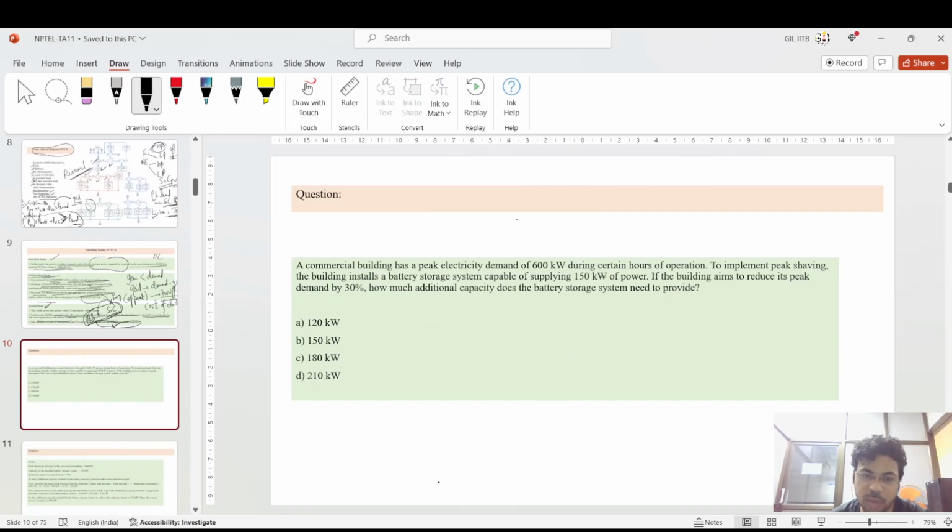Okay, so coming to the next problem, this is a small problem related to peak saving, and you have to tell me what additional capacity is required from the battery to achieve this peak saving. You have a few minutes to solve this question.